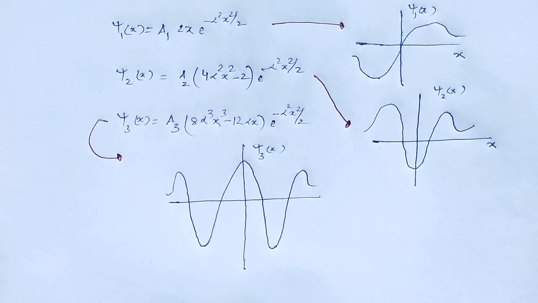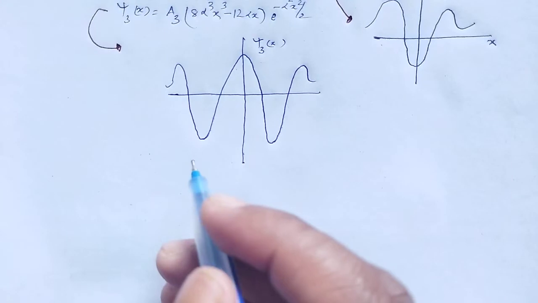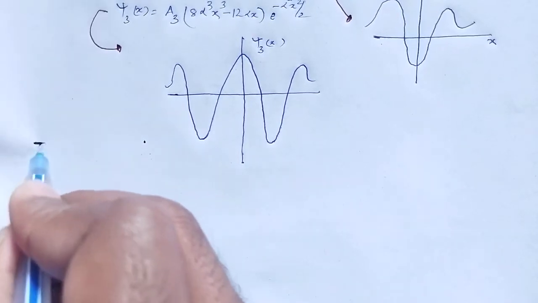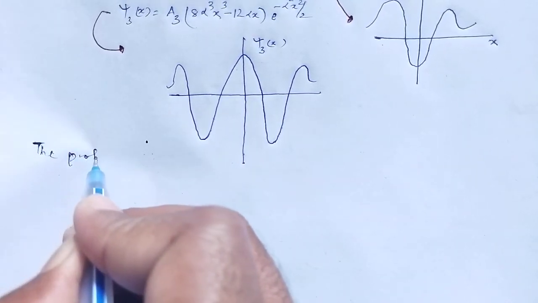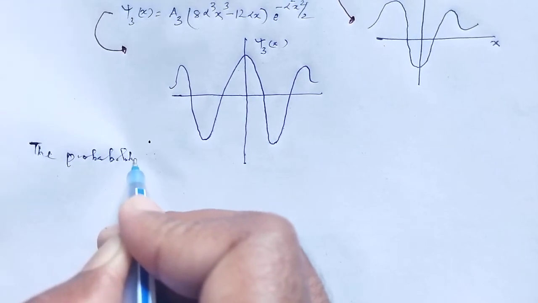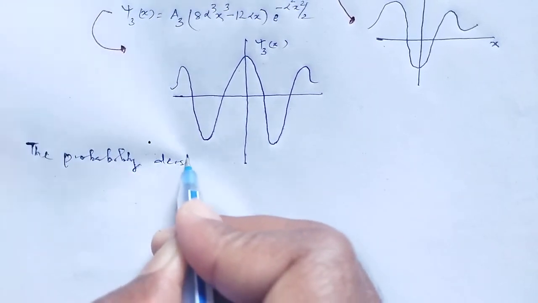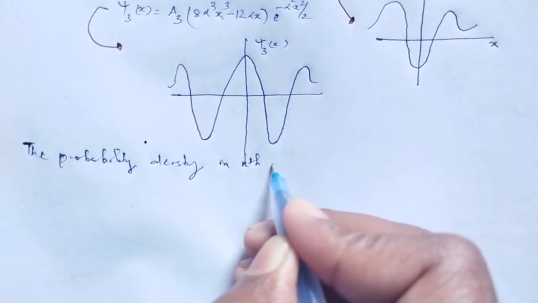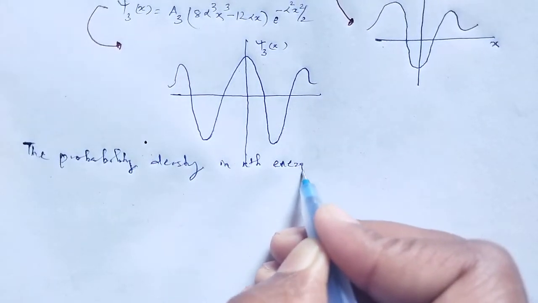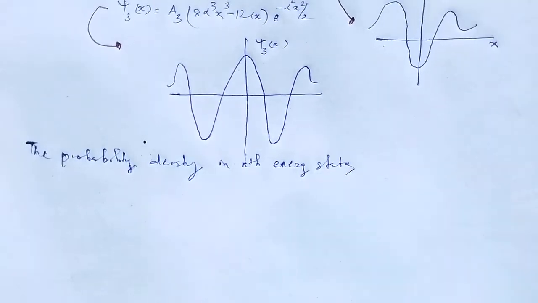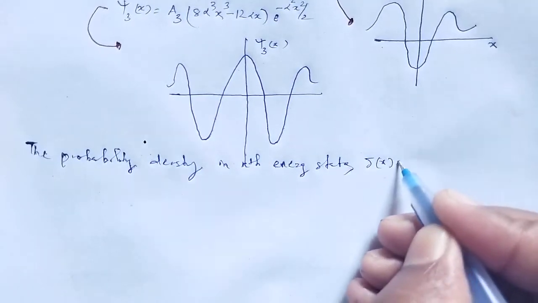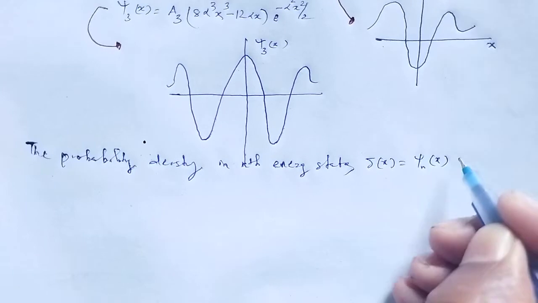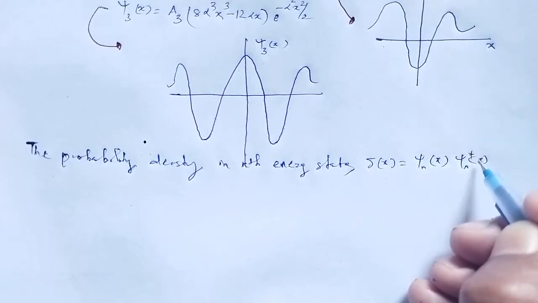Now the probability density of the nth eigenstate. What will be the probability density? The probability density in the nth energy state, that is rho of x is equal to psi n of x times psi n star of x.